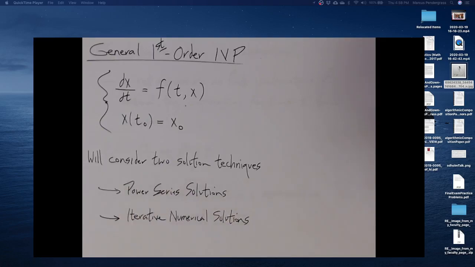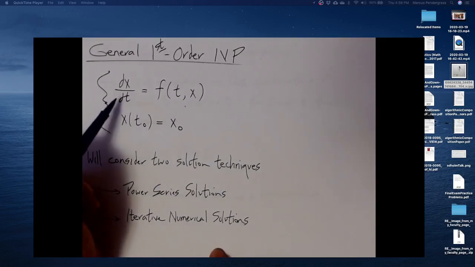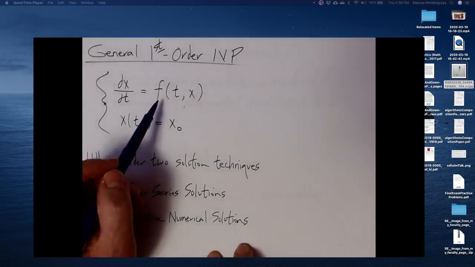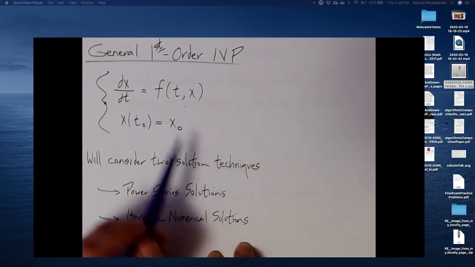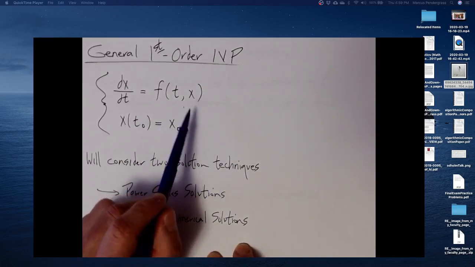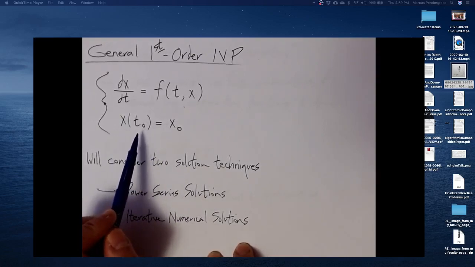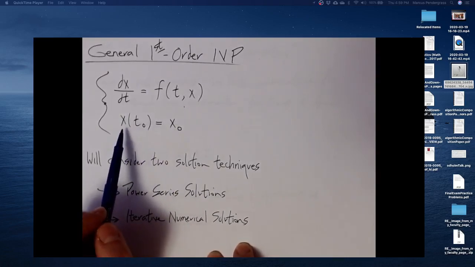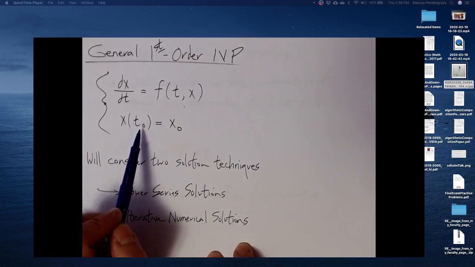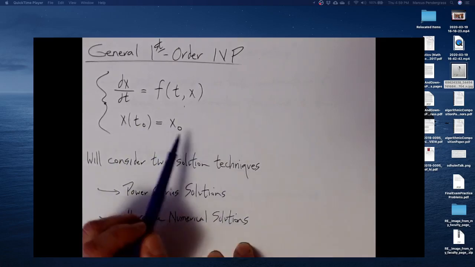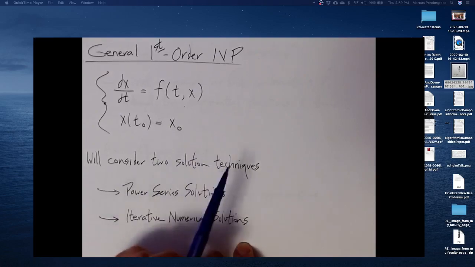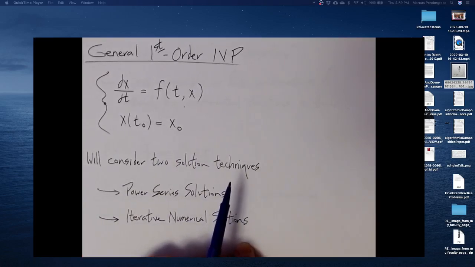The derivative of our function x that we're trying to find here is going to be expressed as some function of both t and x. So we've already seen examples of that. And we're going to have an initial condition as well: x at some initial time t0 is equal to some value x of 0. So that's the kind of problem we're going to be looking at.